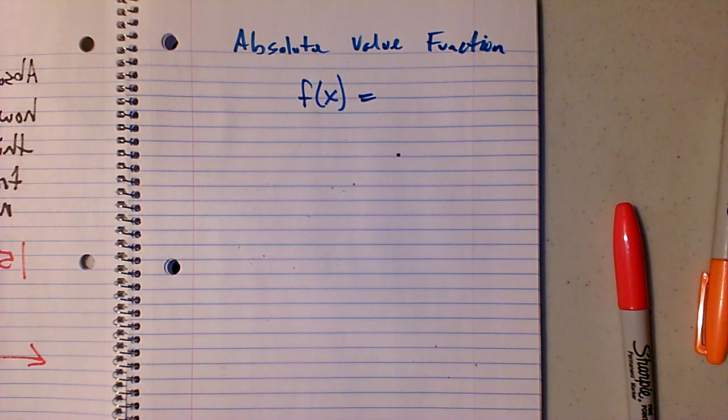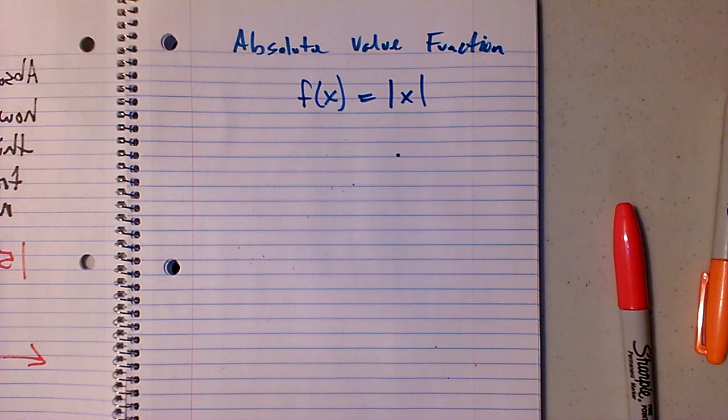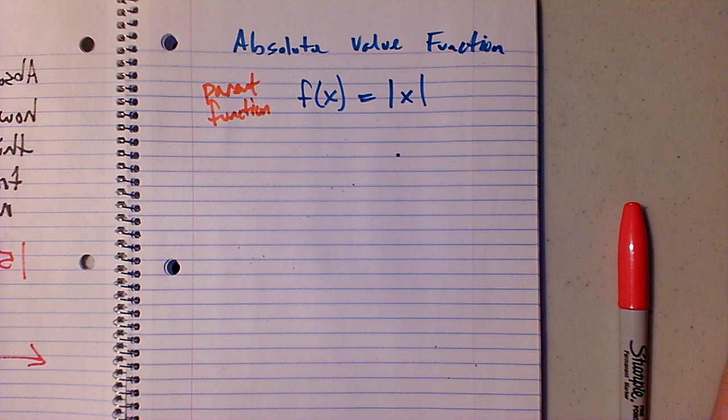What's the rule for some given input of x? That's what that symbol means. Equals the absolute value of whatever your input is. This is called the parent function, because it is the most basic type of absolute value function we could draw or write.